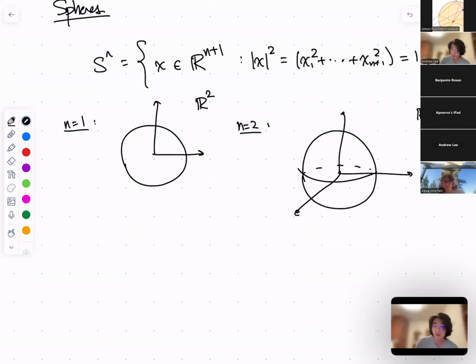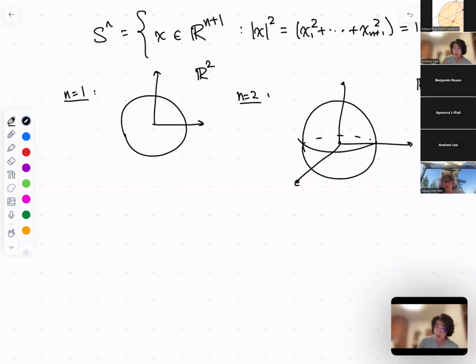So it's a little trickier to understand what's going on. Instead of trying to visualize higher dimensions directly, I'm going to take the strategy of splitting into lower dimensional objects.